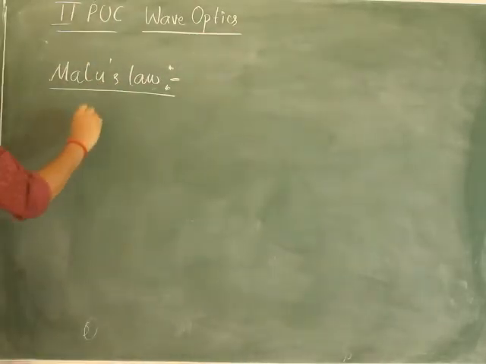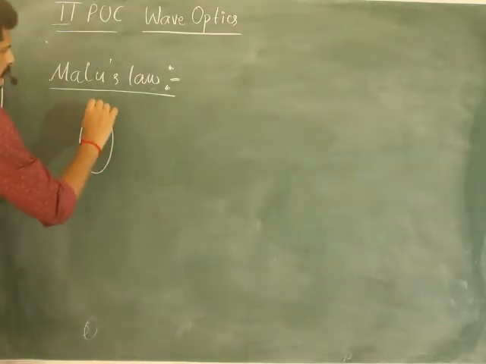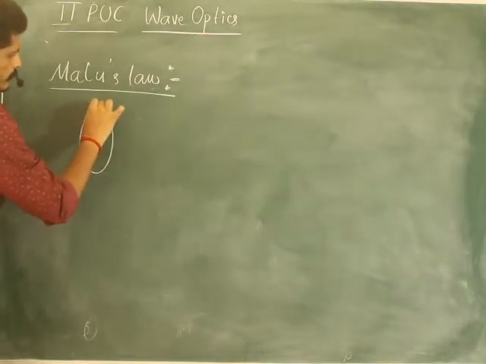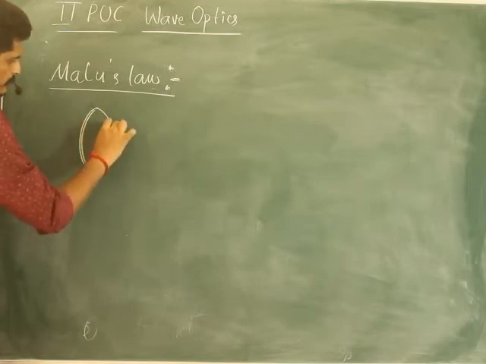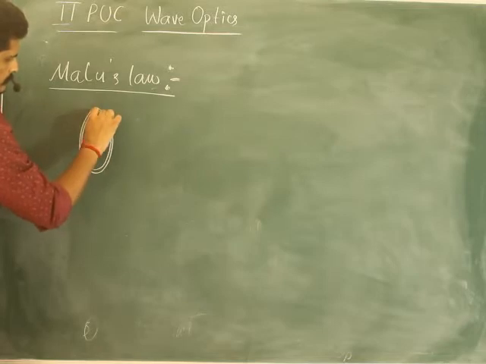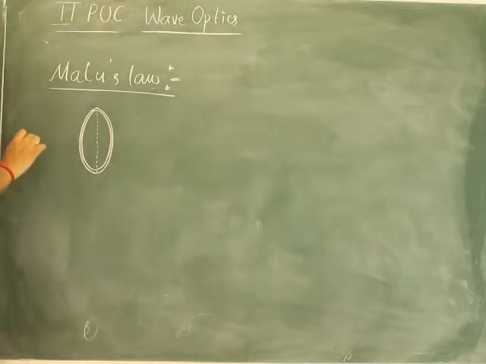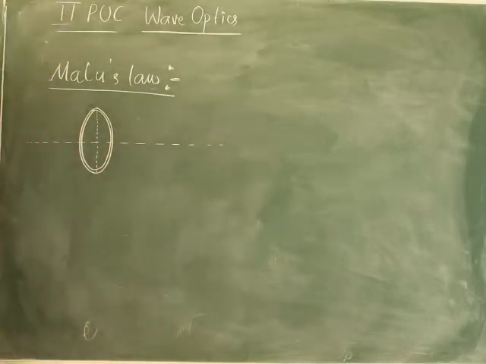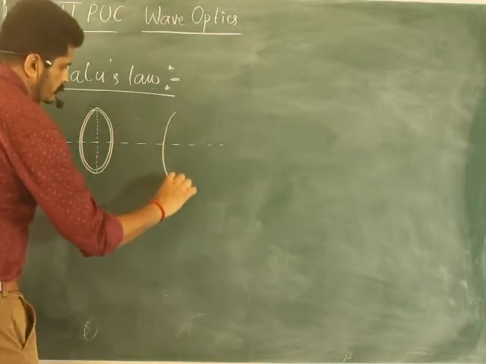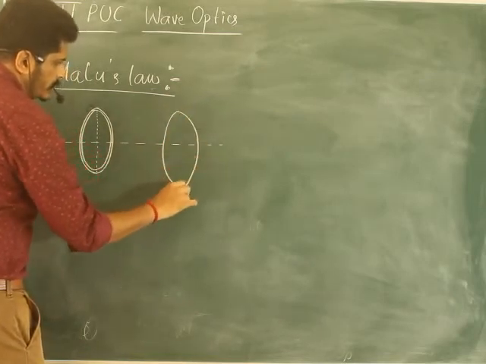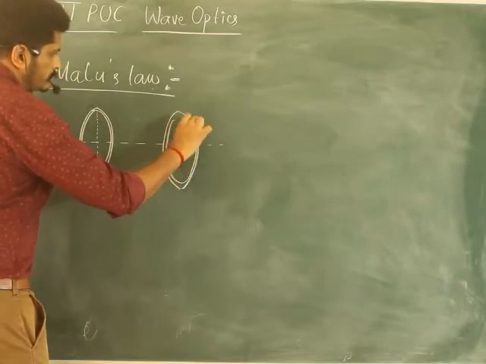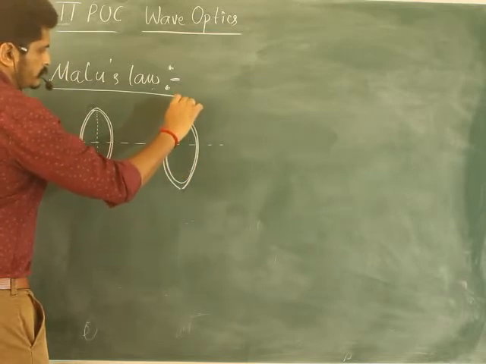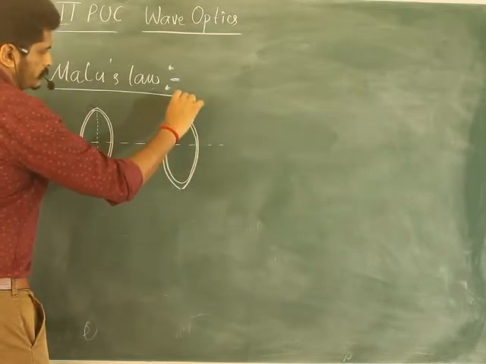So Malus's law, I will draw the diagram. These are crystals. Pass axis, you know already. Polarizer, analyzer. Two crystals are there, like this.